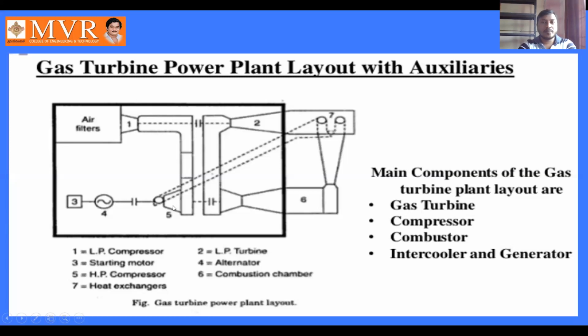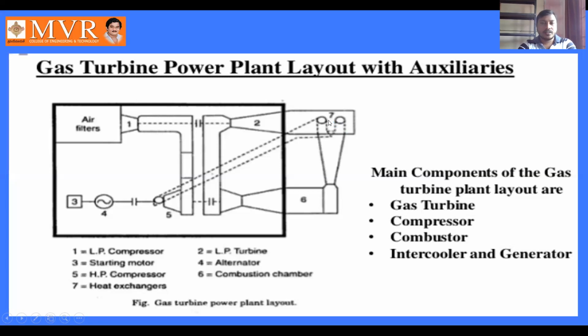At the high pressure compressor, the air is again raised to high pressure and high temperature, and it is transferred by these dotted lines from the high pressure compressor to the heat exchangers, where the heat exchange takes place, and it moves to the combustion chamber.